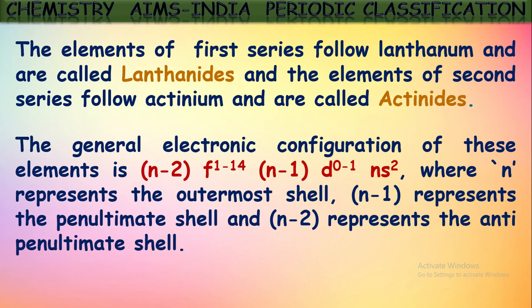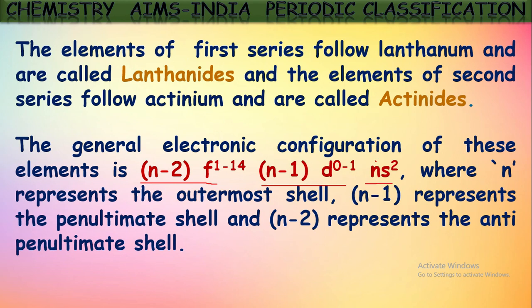The general electronic configuration of these elements is ns2, (n-1)d 0 to 1, and (n-2)f 1 to 14, or in the reverse way also you can say. Why I have read like this is that first ns will be filled for these elements, then n-1, and then n-2 f. In this way the configurations are filled. So we can write these this way also: (n-2)f 1 to 14, (n-1)d 0 to 1, ns2.